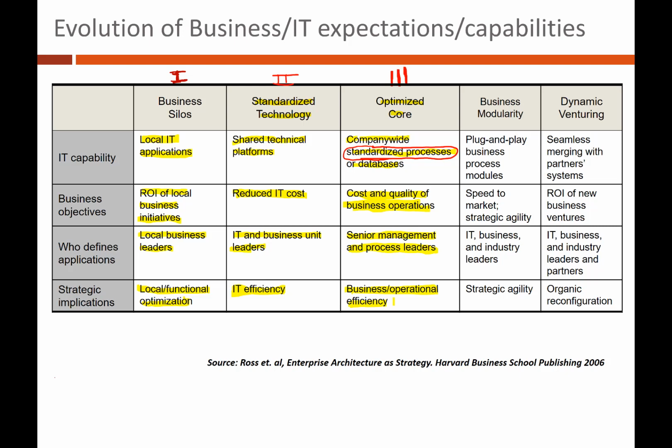When customers pay us and they send us a check, we want to get that money in our bank account as quick as we possibly can. Because the more time it sits in our bank account, the more money we're going to make in interest. And so the idea here is we want everything to be optimized, and the only way we're going to be able to achieve that is thinking about what's the best way to do things and then supporting that with technology.